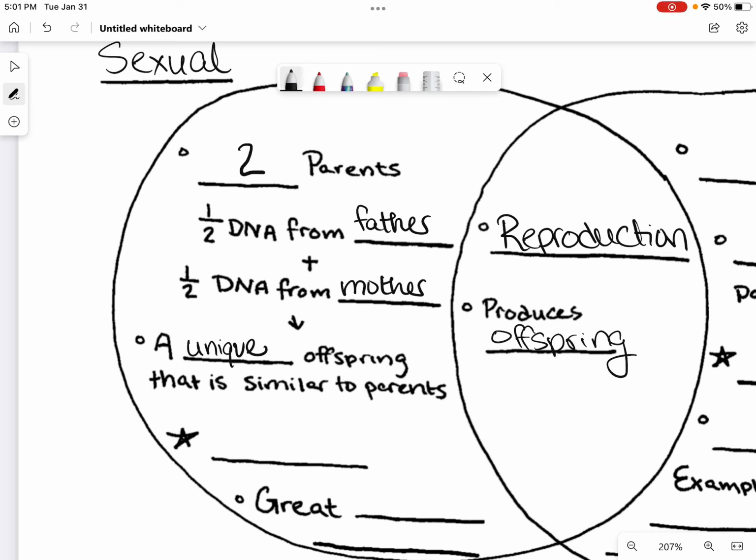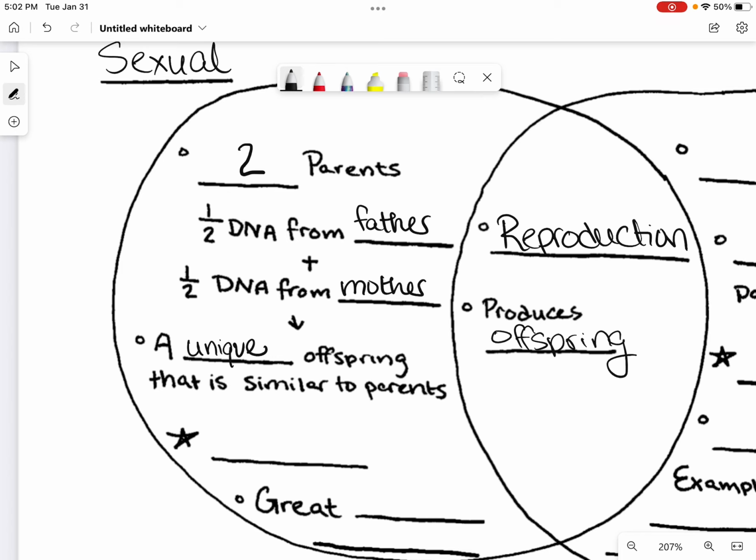How are they unique? Well, you'll remember that there are lots of things that go into the production of a gamete, one of which being the crossing over, second of which you're getting the DNA from two different parents. And so both of those factors, crossing over and getting DNA from two different parents, is going to result in that uniqueness to the offspring.